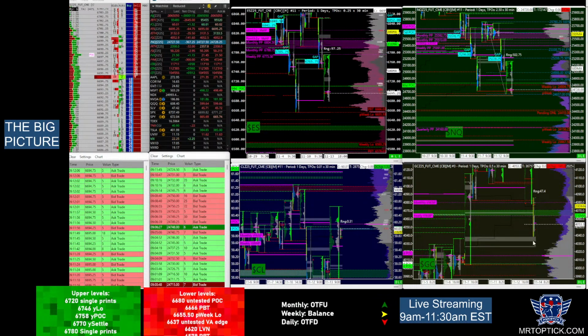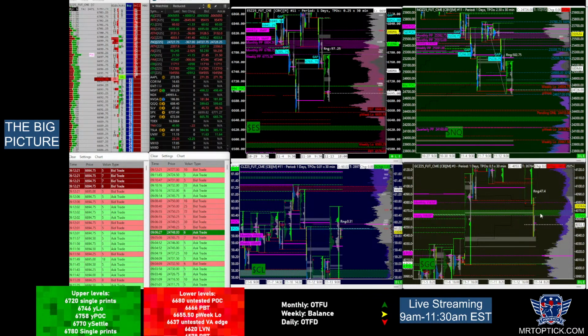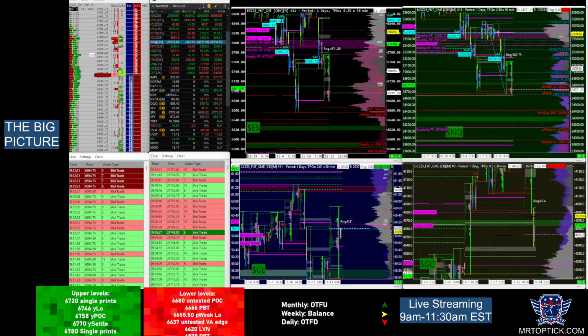So now it came back, filled some of the single prints, and now it's bouncing back. So now watch this 4060 again, because if we get back above it, then 4090 will be next, and 4100. We have a little bit of minor resistance there, and then 4120 will be the next target to the upside.